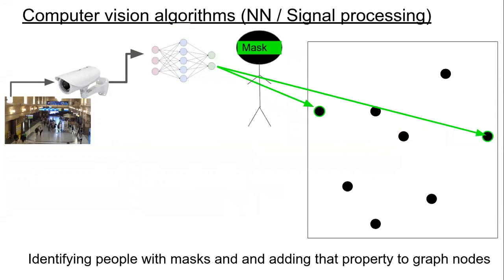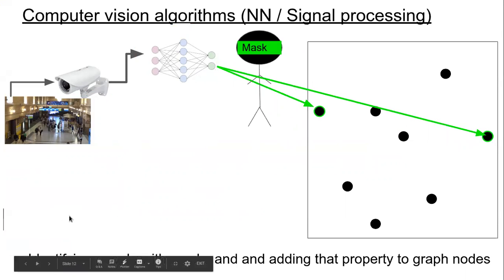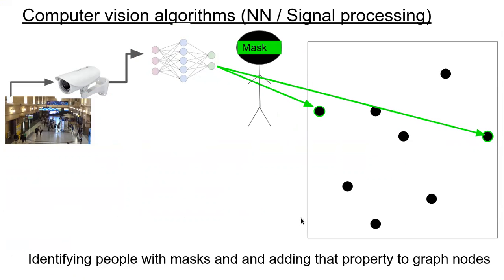But then we are going to use more sophisticated algorithms that can identify people's different properties. For example, whether a person has a mask, then these nodes are given these properties. So first it was just nodes, now they are nodes with properties.